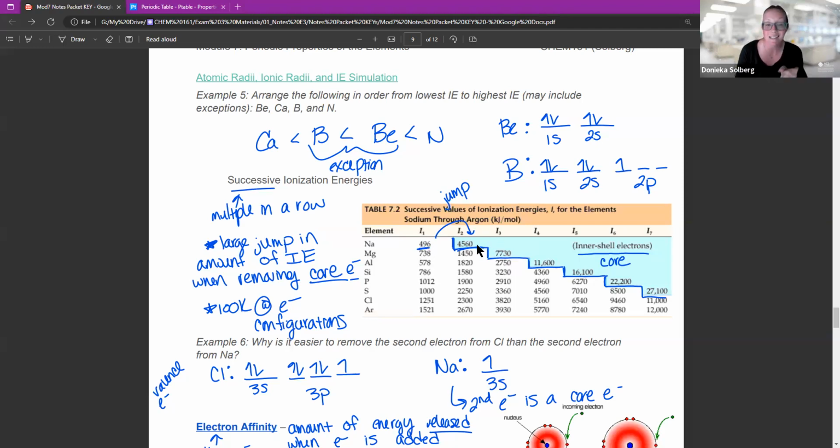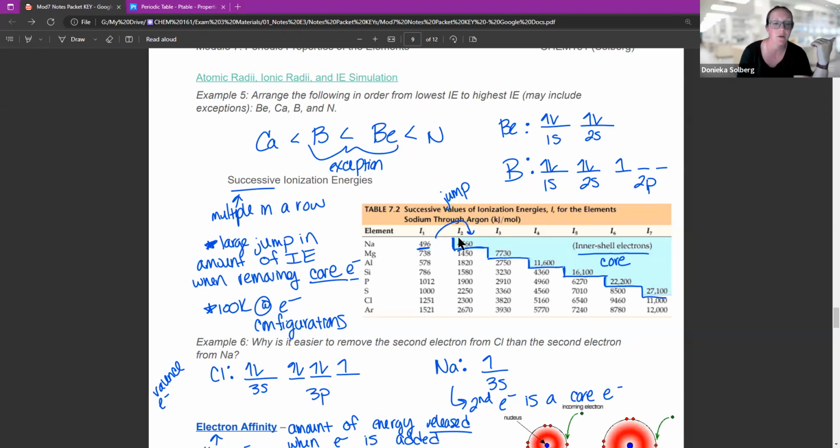To remove a second, it takes about 10 times as much energy because that one is actually a core electron that you're trying to remove. So removing valence electrons is decently easy, requires energy, but not as much. Anytime you start removing core electrons, however, it requires an insane amount of energy. When there is a large jump in the amount of ionization energy, that means you're removing a core electron.